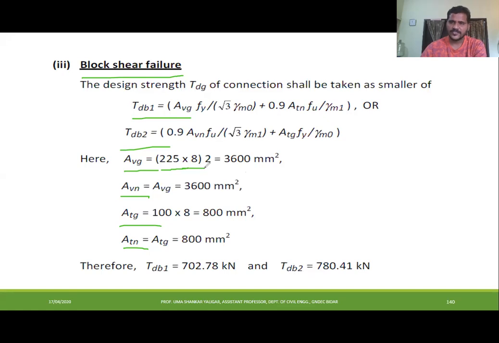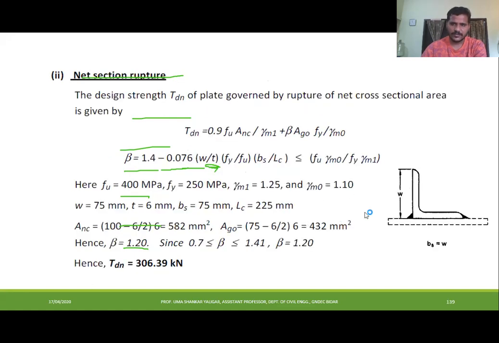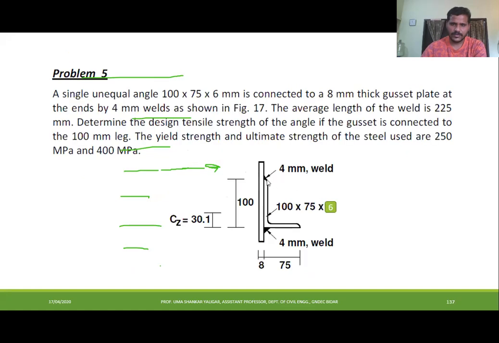225 into thickness. The thickness is 8 mm. But here it is the shear gross area due to the shear plane. The welding is done in two sets, top and bottom, hence it is multiplied by 2. You can see the previous diagram. Here the welding is at this point and also this point, and here the welding length is 225, here also the welding length is 225.